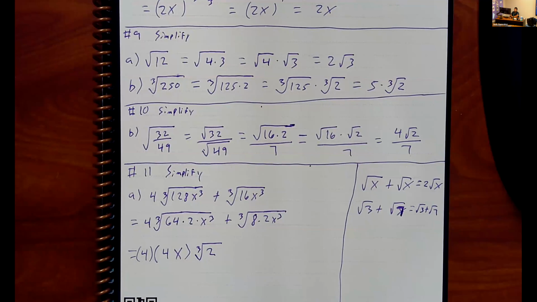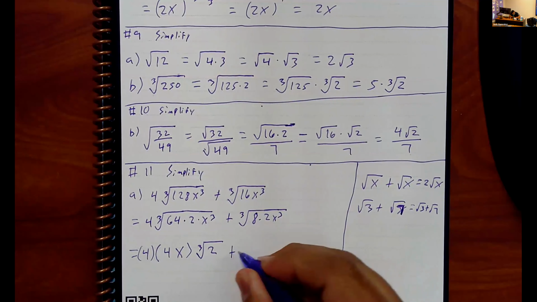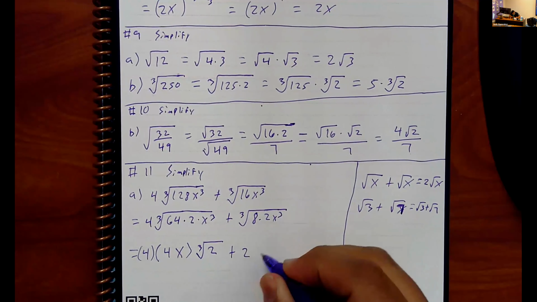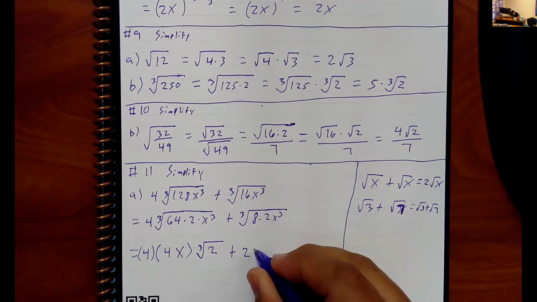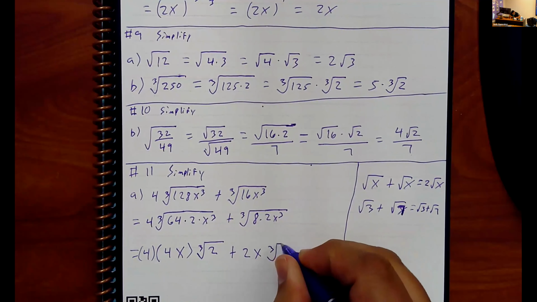Okay, so you guys are good then. Oh, keep doing it this way. Cube root of 8 comes out as a 2. Cube root of x cubed comes out as an x. Now I have a 2.